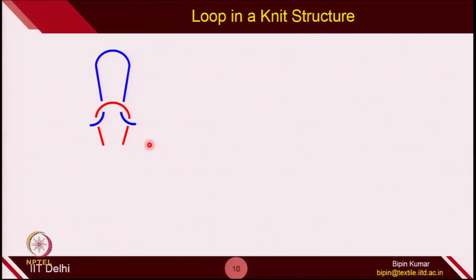Now, let us see what happens to a loop inside a fabric structure. Inside a fabric structure, to make the intermeshing, there are only 2 possibilities for a loop to interact with its previous loop. For example, here there is a blue one which is interacting with the red one.